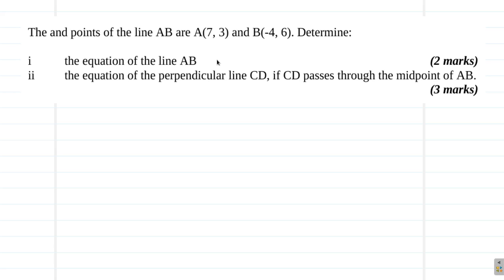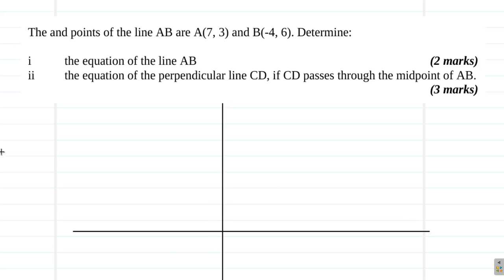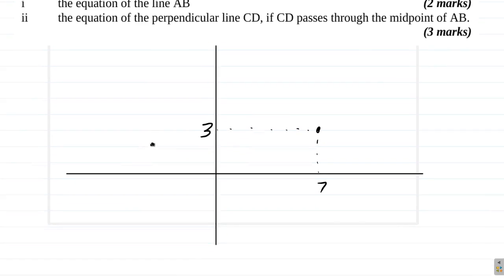Alright, so let's imagine you have an x-axis and a y-axis. Now, the line AB: (7, 3), let's say that's about here. That would be above 7 and beside 3, and then (-4, 6).